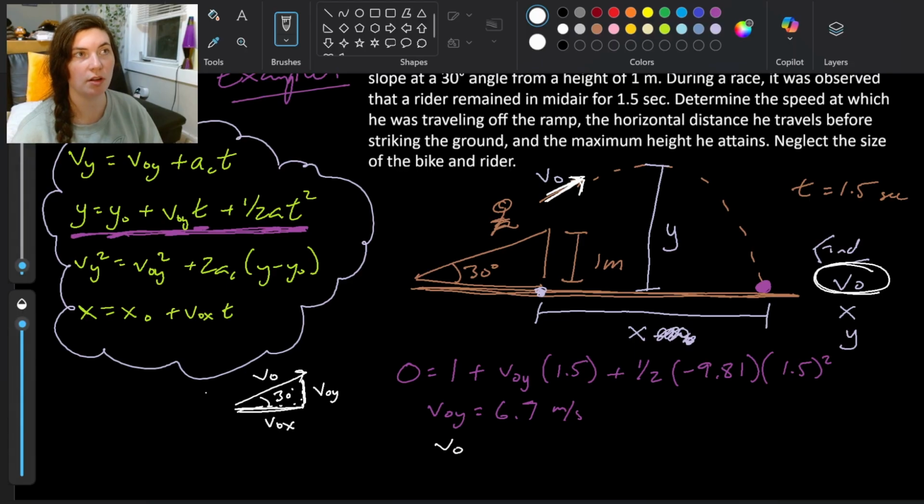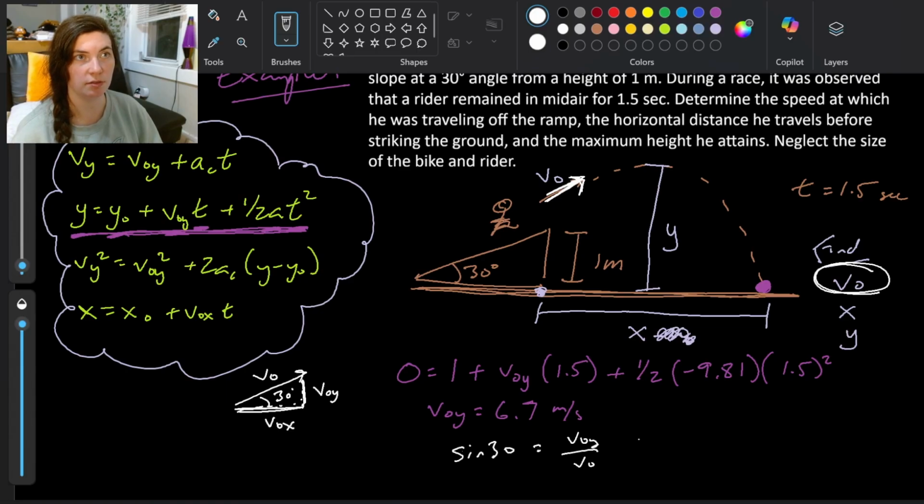So our overall V naught is going to be, let me write this. Right, our relationship between V naught y and V naught is sine, because sine 30 gives us opposite over hypotenuse, V naught y over V naught.